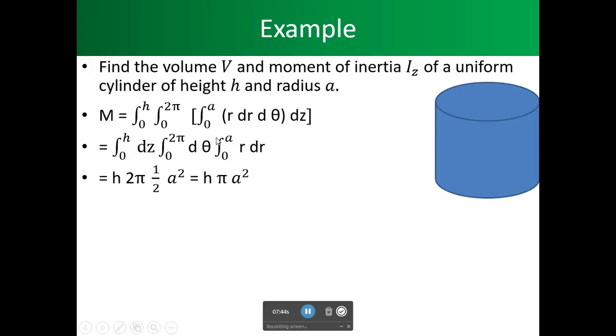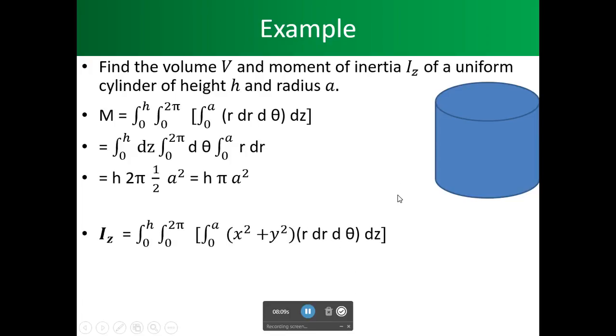And then we take the integration of r dr, so that gives us 1/2 r squared, and we put the a in at that limit, so we have 1/2 a squared. The 2's cancel, and we get h pi a squared. Any questions?